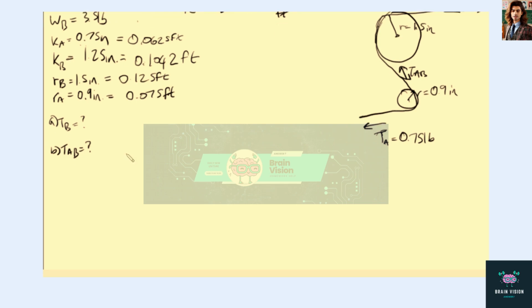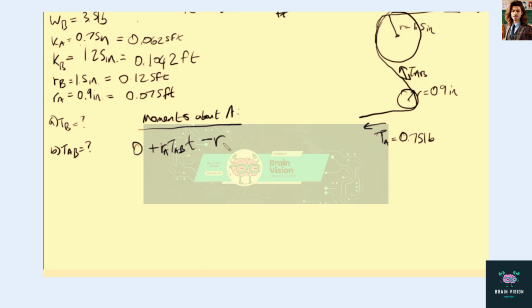The first thing we're going to do is find the sum of moments about A. We have an initial angular momentum of 0. Then we have a moment created by the tension force AB, which we're going to call the positive direction. So we have RA times TAB times T, that's the impulse created by the tension force AB.